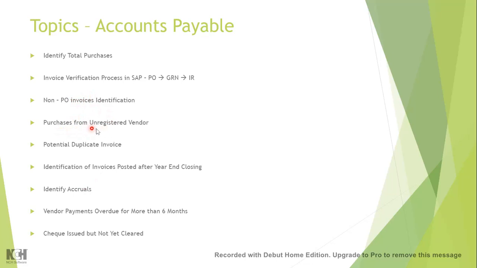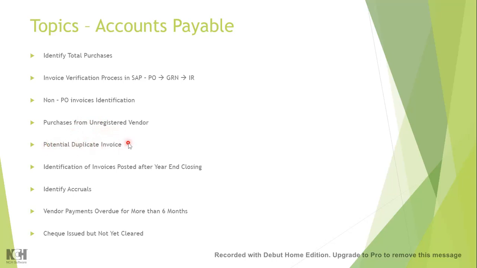So you might be interested to know what is the volume of purchases your client is making from unregistered vendors and whether it is beyond the 20 lakhs limit. So you may advise your client that they are losing input tax credit. So how do you identify that unregistered vendor from SAP?